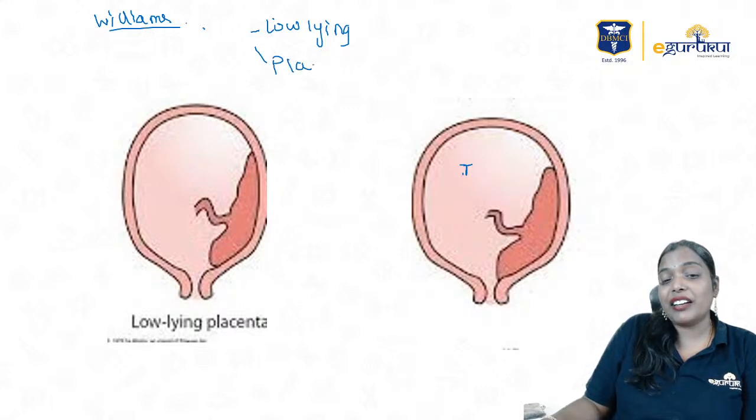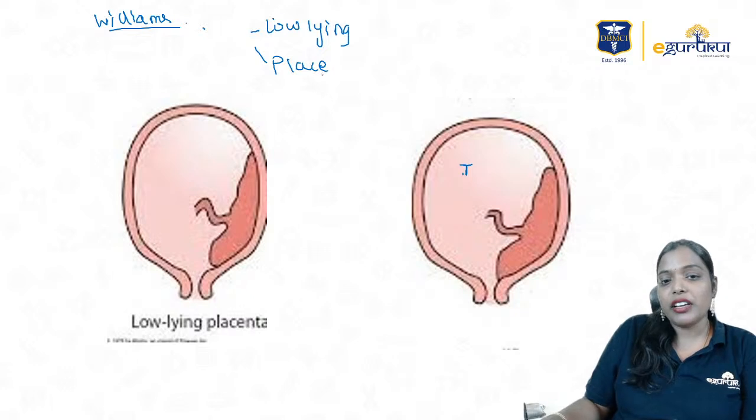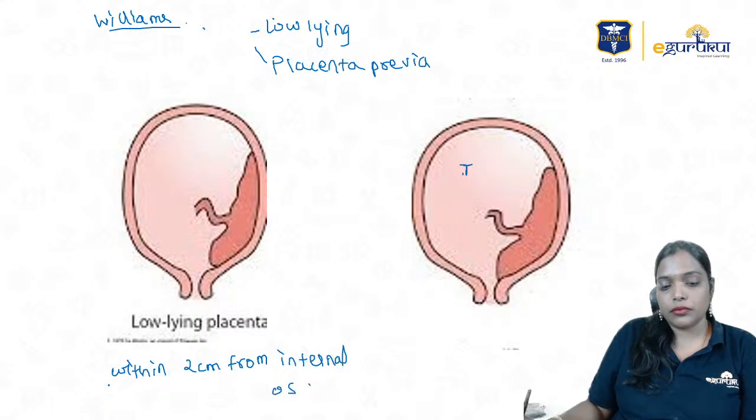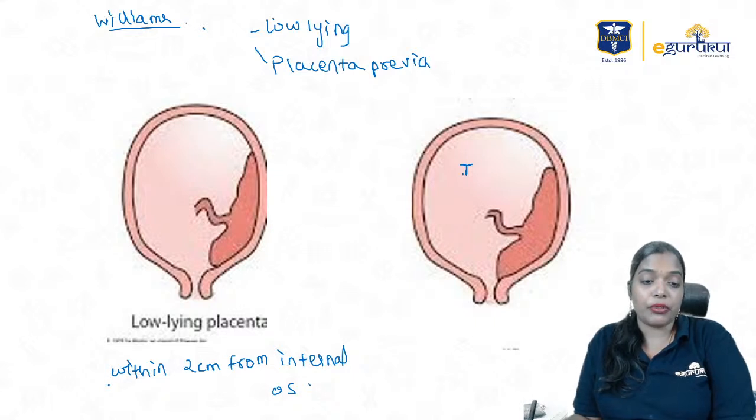He doesn't divide it into marginal, total, partial and all. He puts all those together, and you can call it placenta previa. Low lying is placenta within 2 centimeters from the internal os.